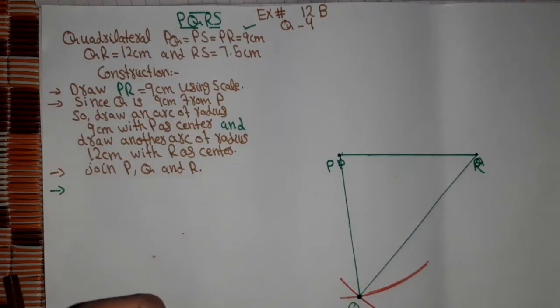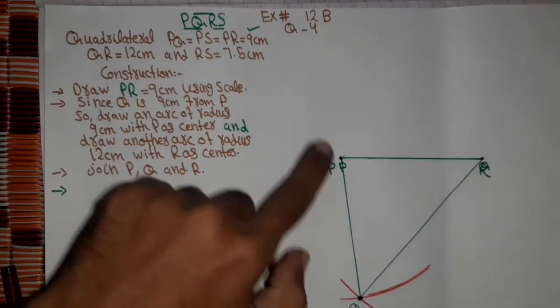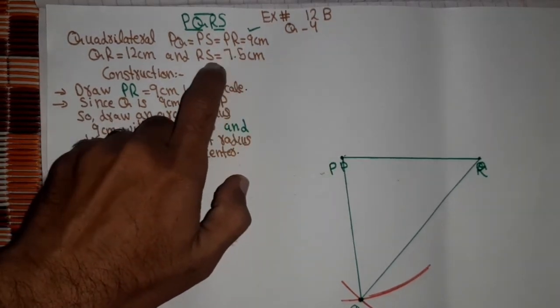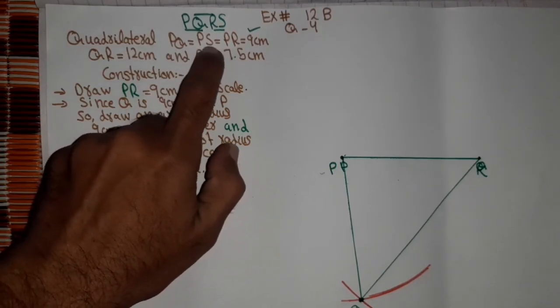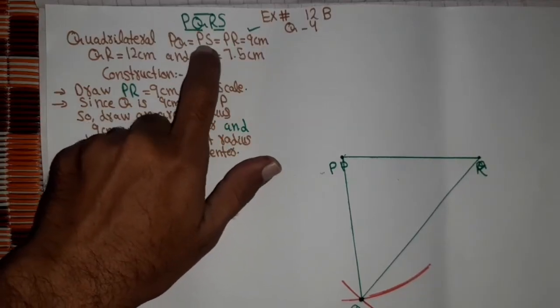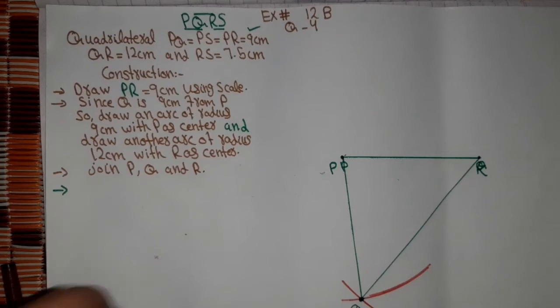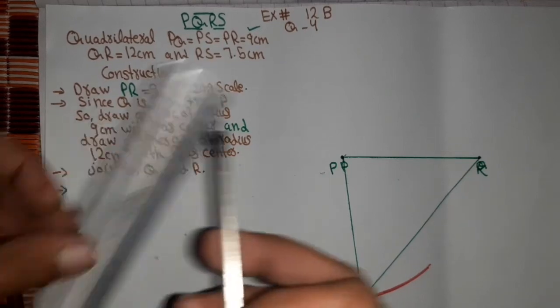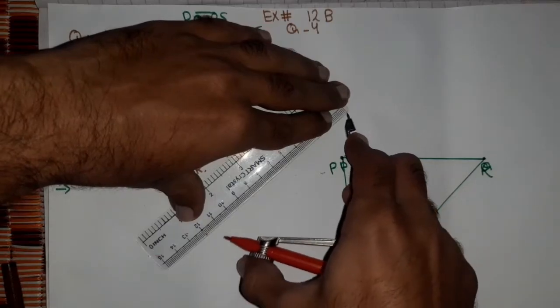Similarly, since S is 9 centimeter from P, we will draw an arc of radius 9 centimeter with P as center.